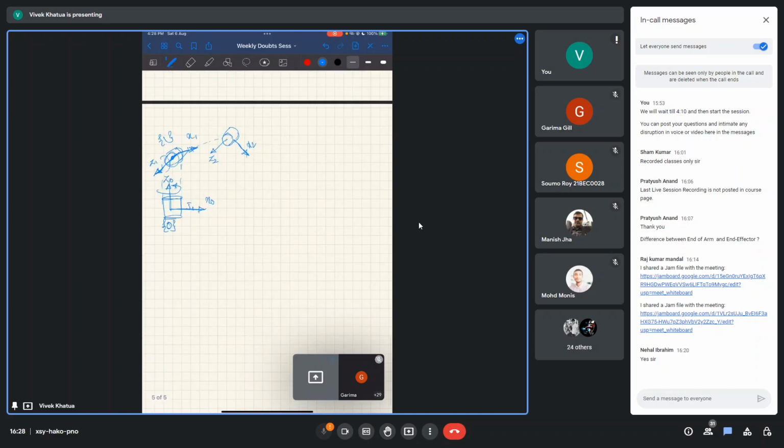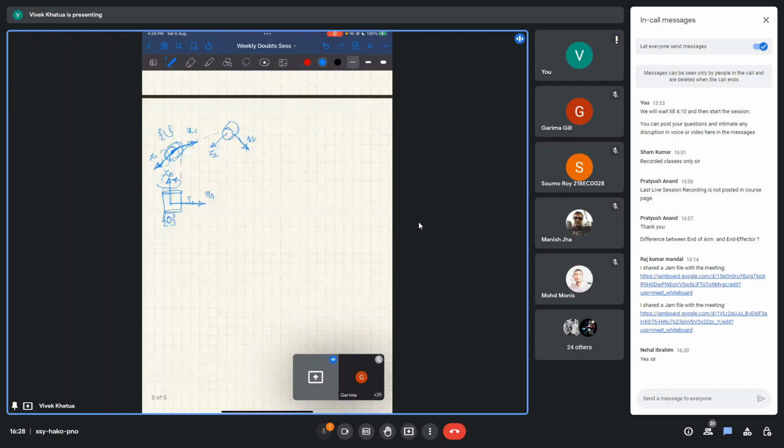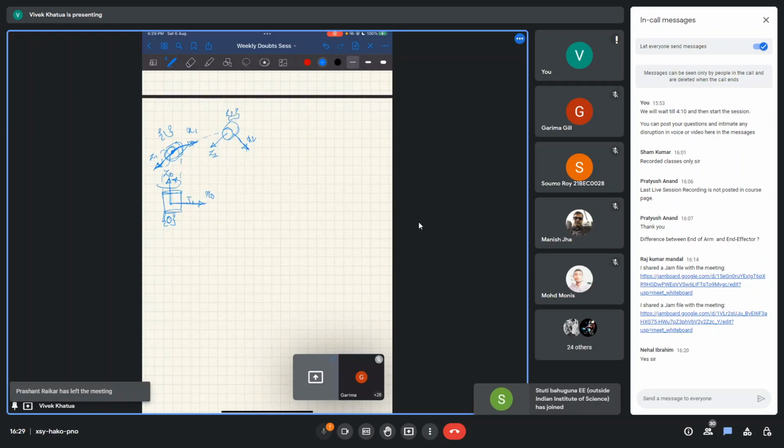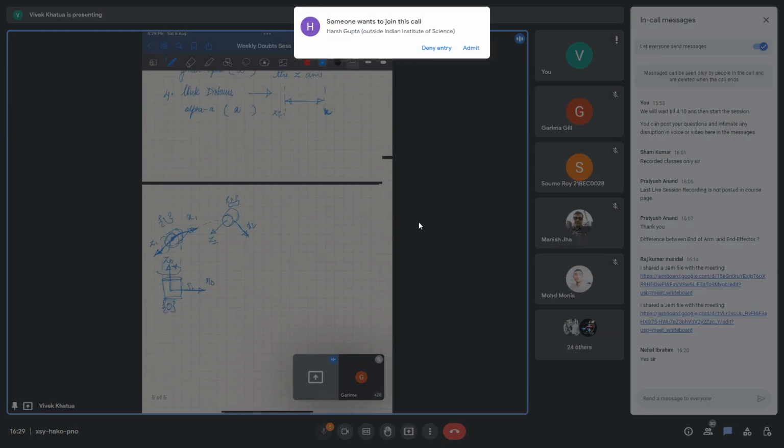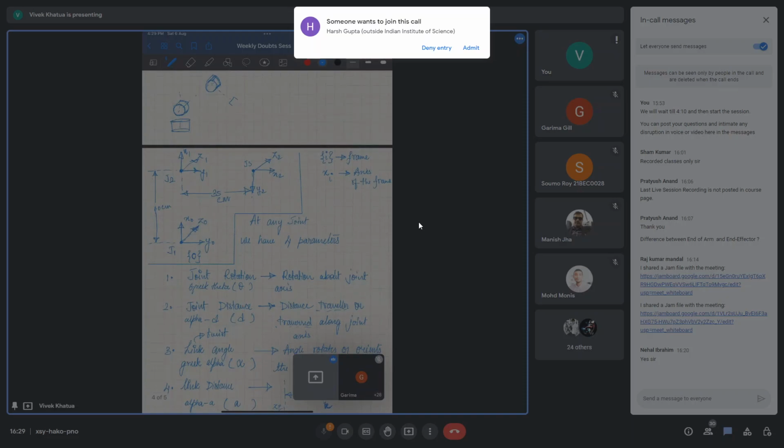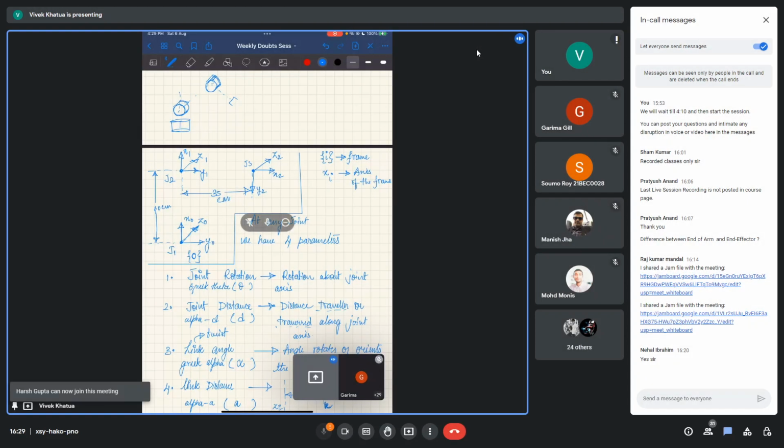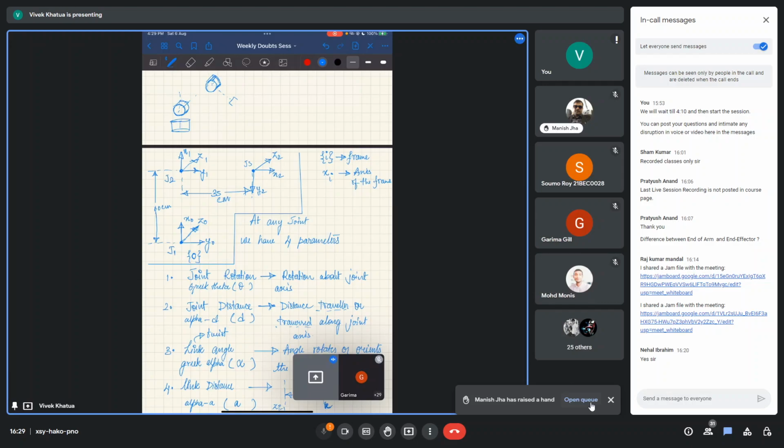So you need to follow one convention only, and you are free to adapt to any convention. So we'll come to this problem that we have in our hands, and we'll try to denote the joint axis, joint rotation, joint distance, twist.